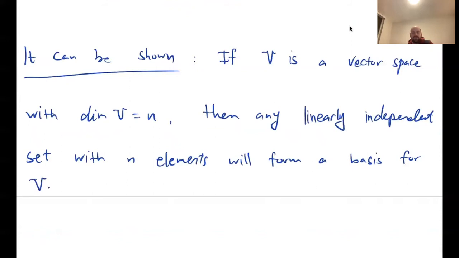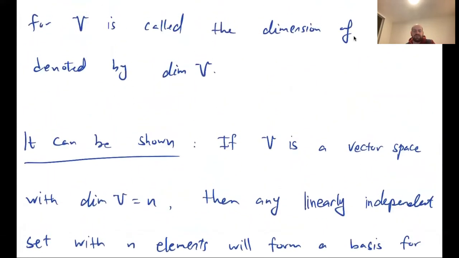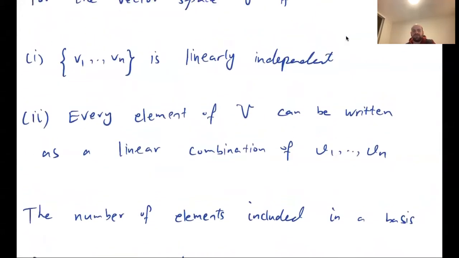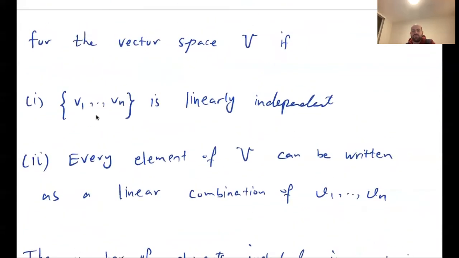So if the dimension is n, then any linearly independent set with n elements will automatically form a basis for V. In other words, if the number of elements in the set is the same number as the dimension, then you don't need to check the second condition. Because if you want to use the definition, you have to check both conditions.